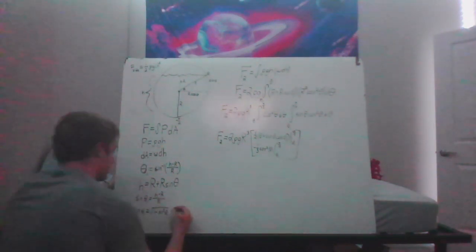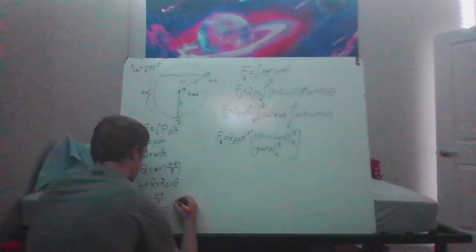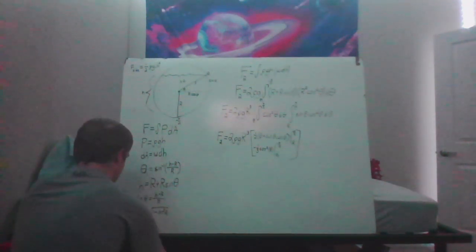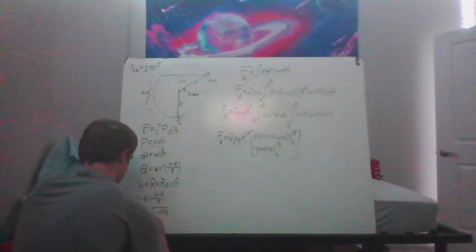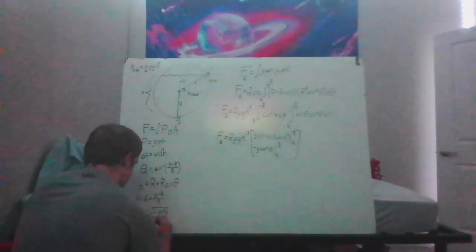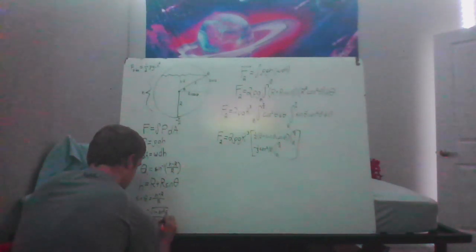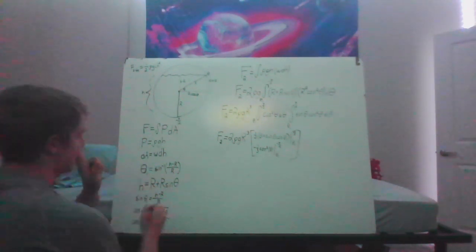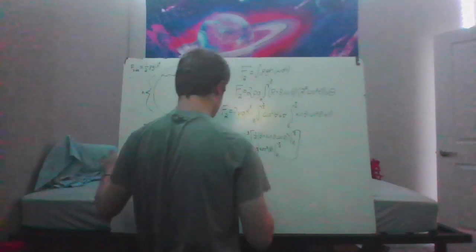If we just plug this in, we will get that cosine theta 1 is equal to the square root of r squared minus h minus r squared, all over r. So that's going to help us evaluate this here.